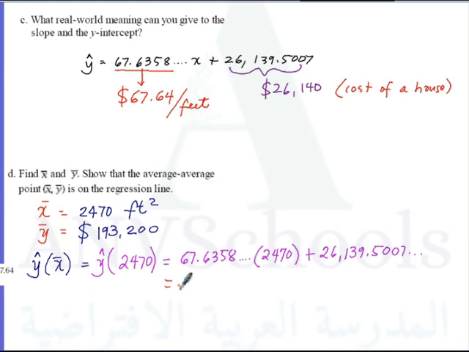And this will give us the same value for our mean of y, which is $193,200. Therefore, our average point x bar, y bar, or the mean of the x and the mean of the y, is on the regression line. So we have answered letter D.